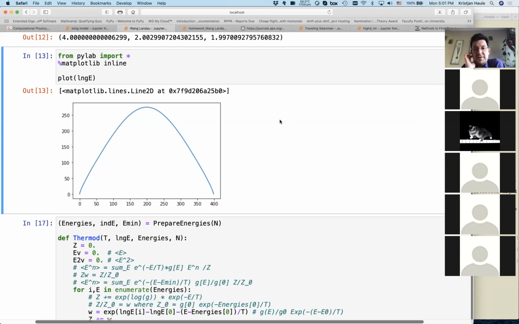In this way, we can then simulate much bigger systems than if we simulate directly the model, such as the Ising model or any other model that has discrete energies.